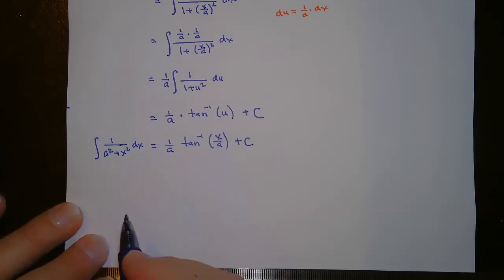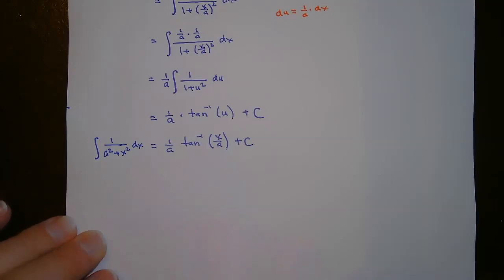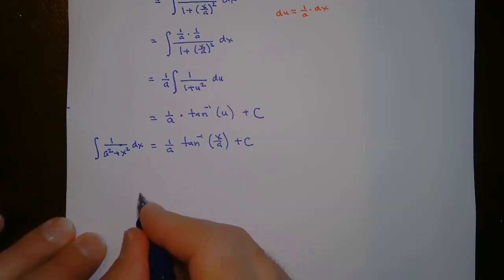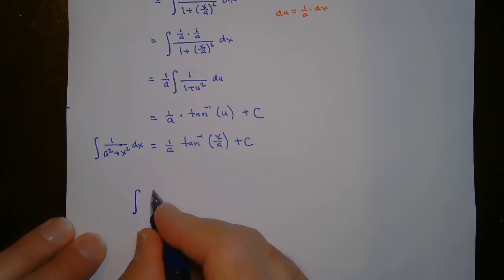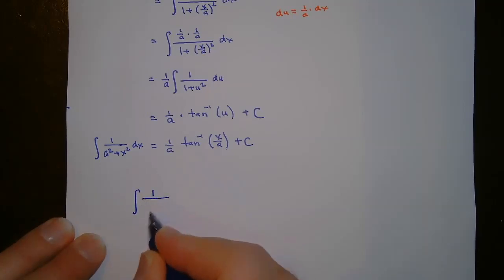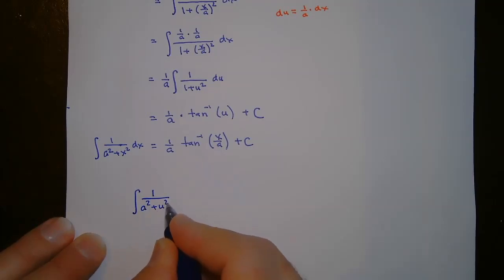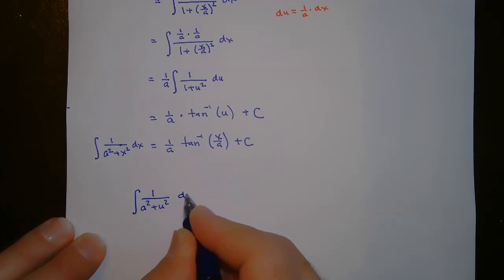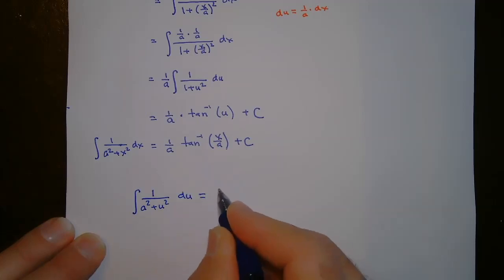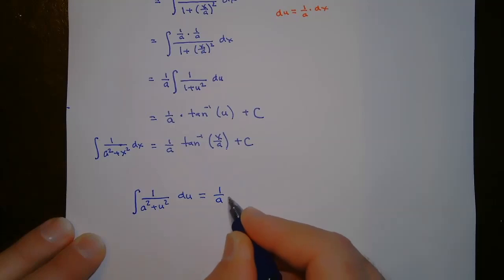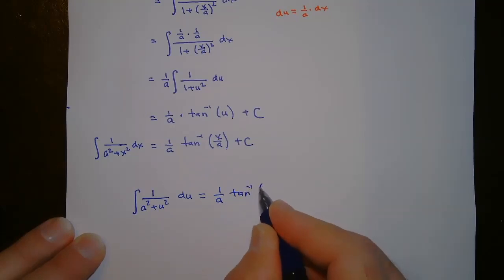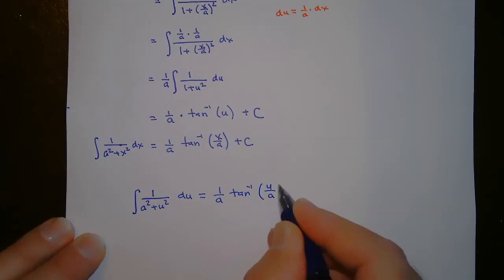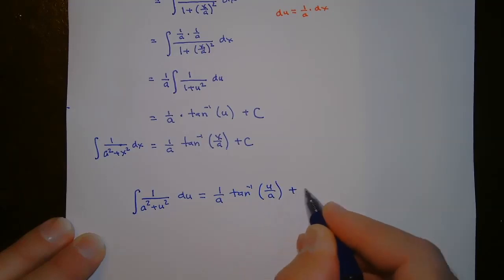All right, so a general form of this, okay, using integration by substitution, it would look like this. This is kind of like more of the antiderivative rules and derivative rules, okay? The integral of 1 over a squared plus u squared du would always equal 1 over a tan inverse of u over a plus c.